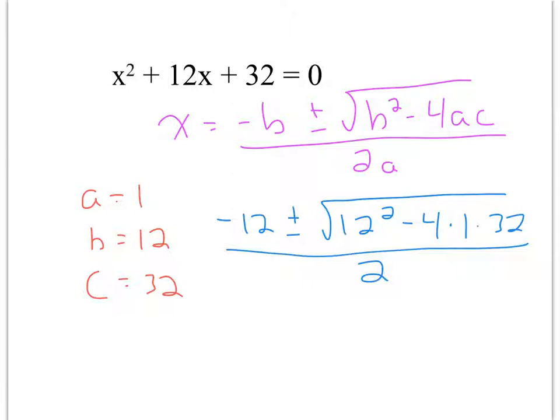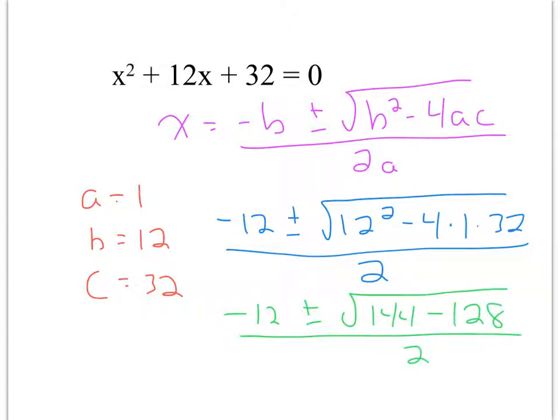Let's simplify inside the radical first. So I'm going to have negative 12 plus or minus the square root of 12 squared is 144, minus 4 times 1 times 32. Let's see. 4 times 32 is 128. Doing that math. All over 2.